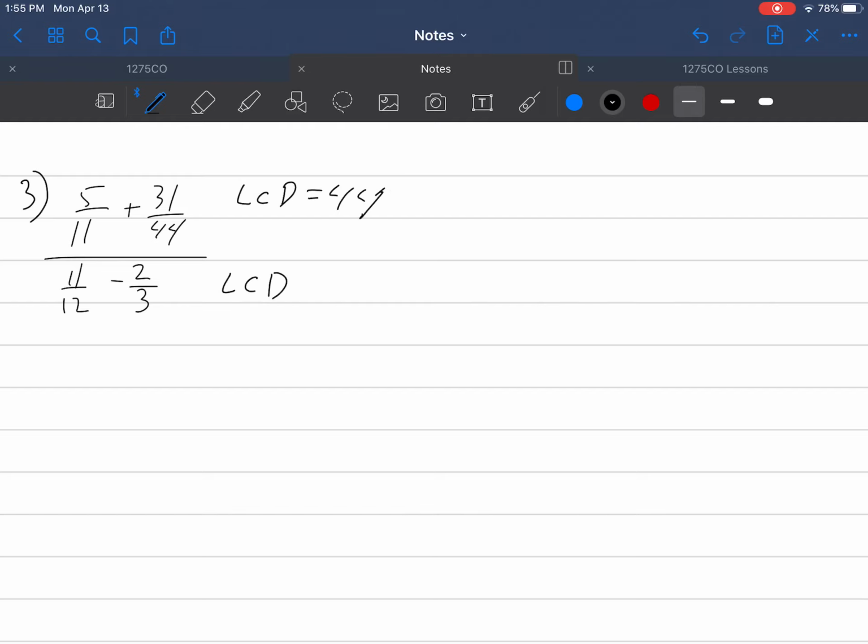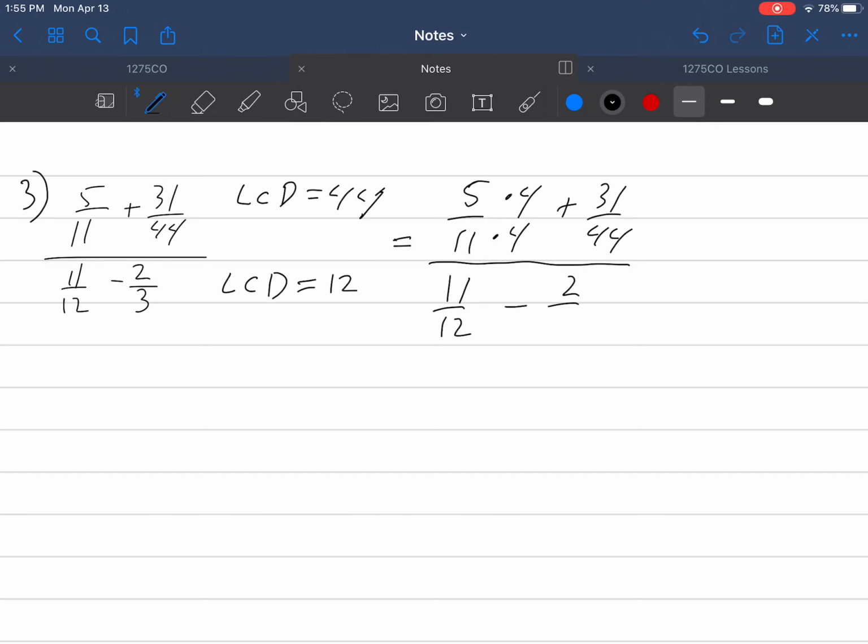That would be an LCD of 44 on the numerator, and that would be an LCD of 12 on the denominator. So what we're going to get here is 5 over 11 times 4 plus 31 over 44.